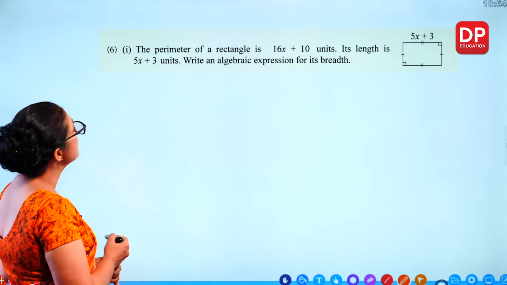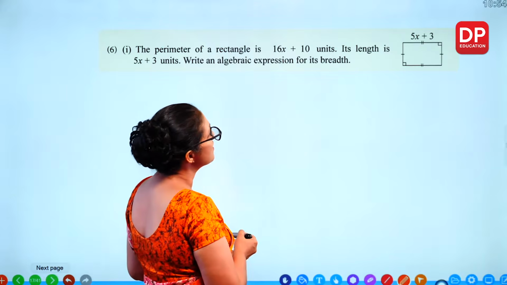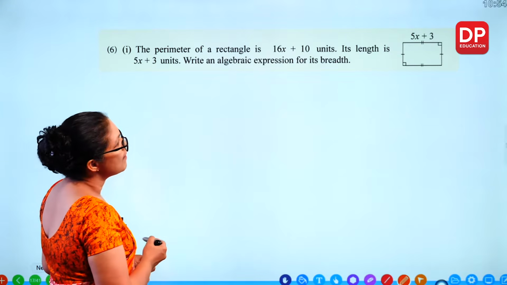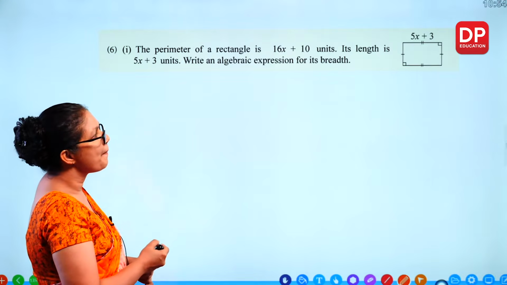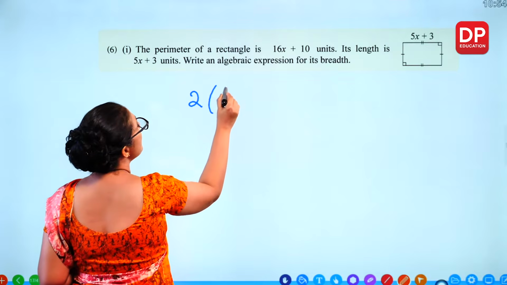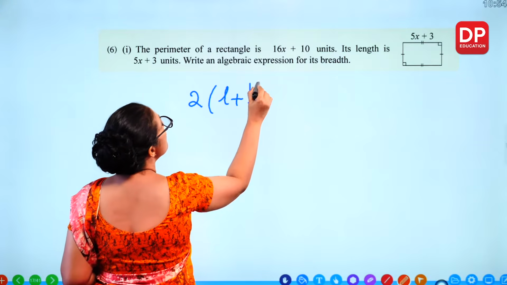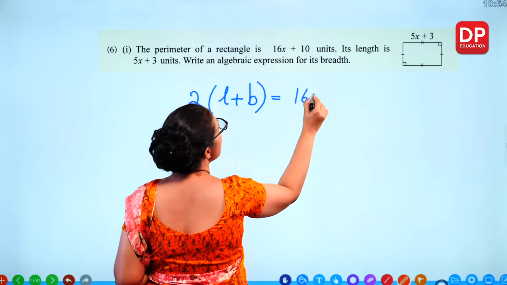Question number 6. The perimeter of a rectangle is 16x plus 10 units. Its length is 5x plus 3. Write an algebraic expression for its breadth. So what's the perimeter? We know 2 times length plus breadth is equal to the perimeter. So that's given 16x plus 10.